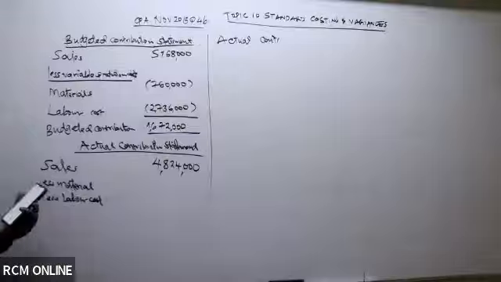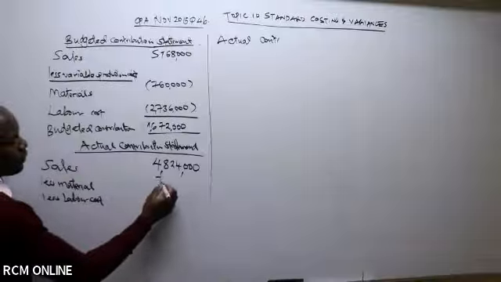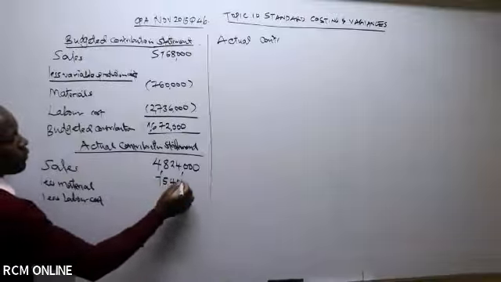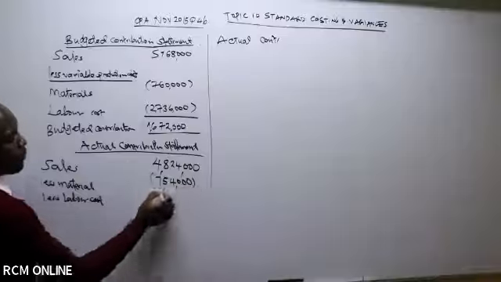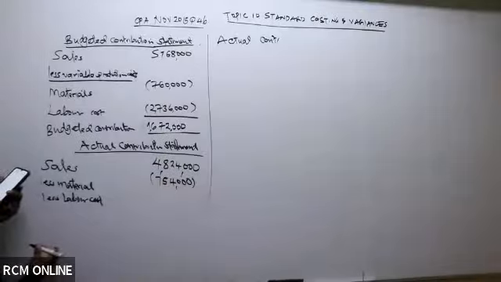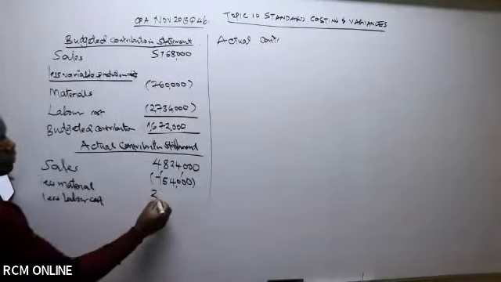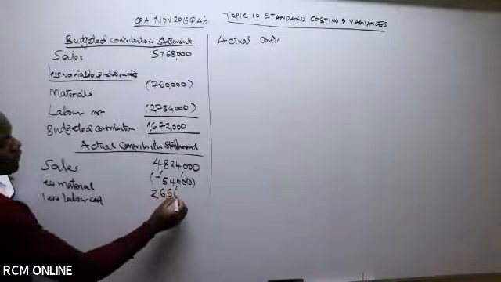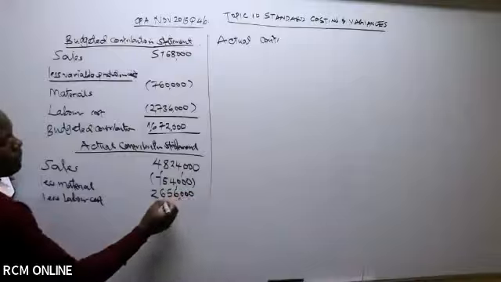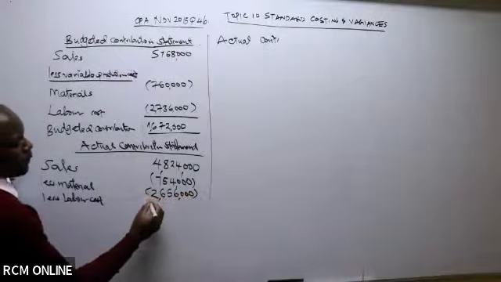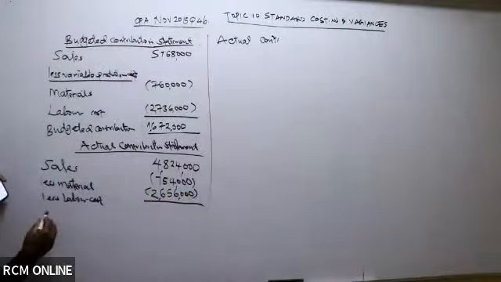So the actual material cost as per this question, 7,54,000. Actual labor cost as per this, 26,56,000. What do we have?